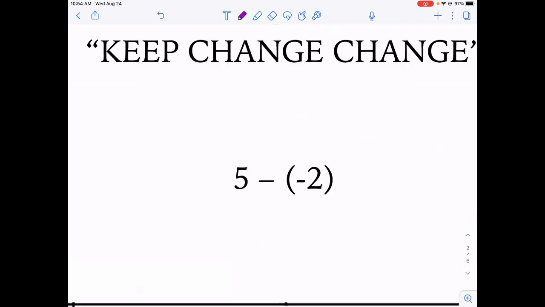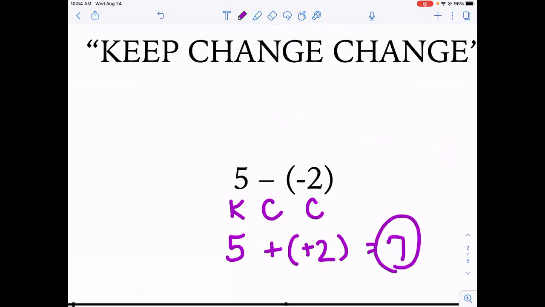Keep, change, change. So keep, we keep the 5 as is. Change, we change the subtraction to addition. Change, we change the number to its opposite. So 5 minus -2 is really a +7.